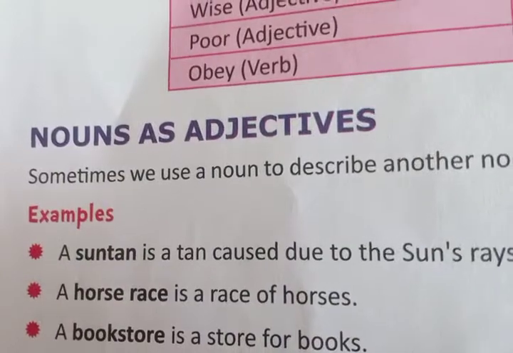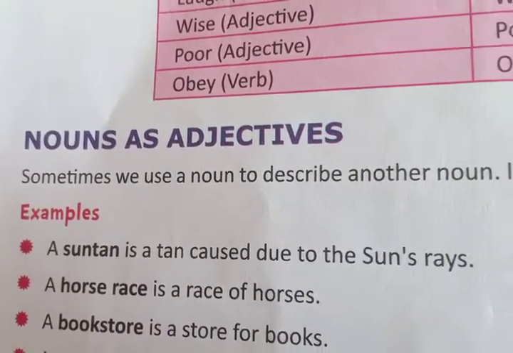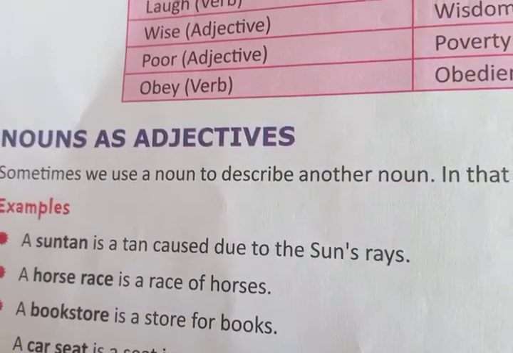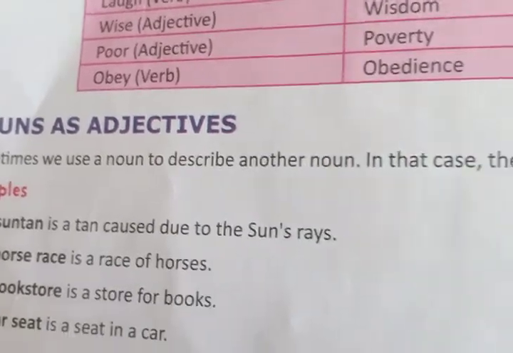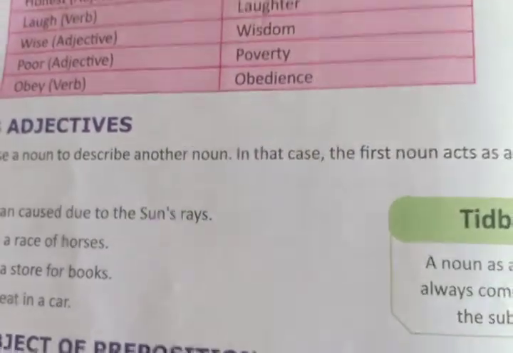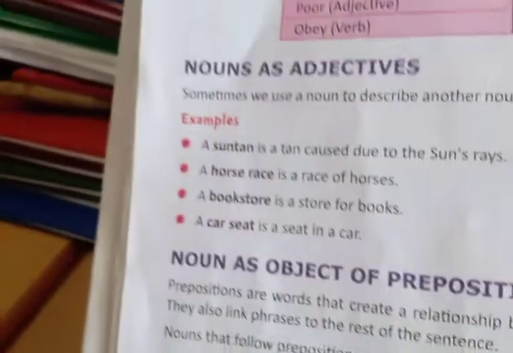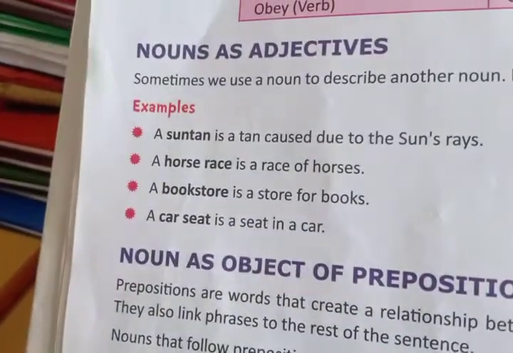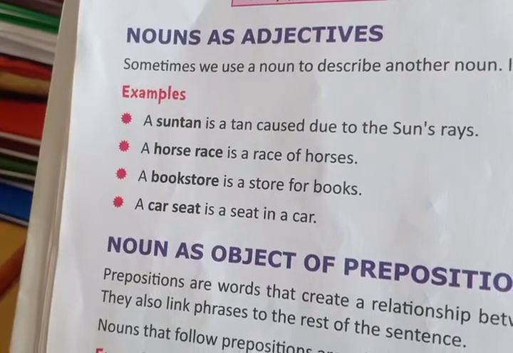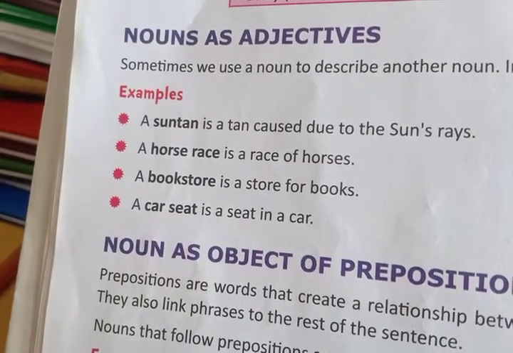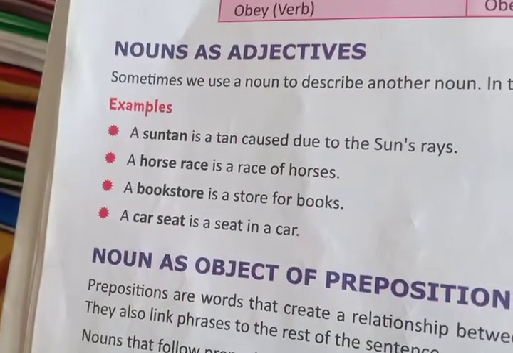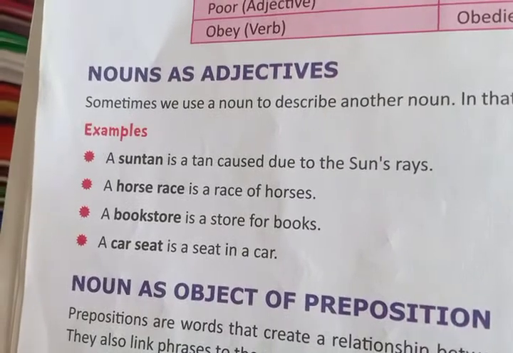Next, nouns as adjectives. Sometimes we use a noun to describe another noun. In that case, the first noun acts as an adjective. Examples: a suntan is a tan caused due to the sun's rays.